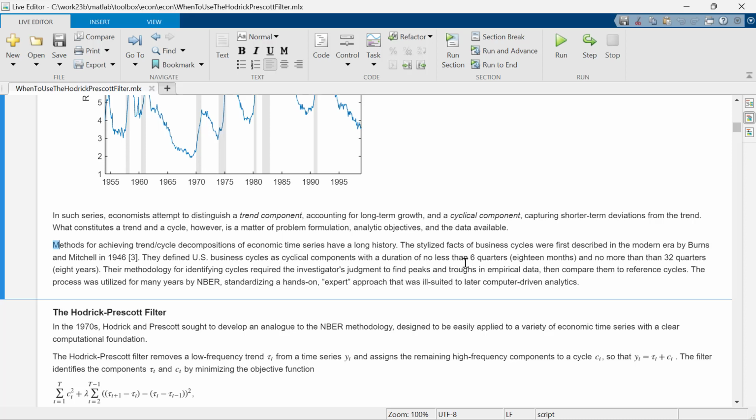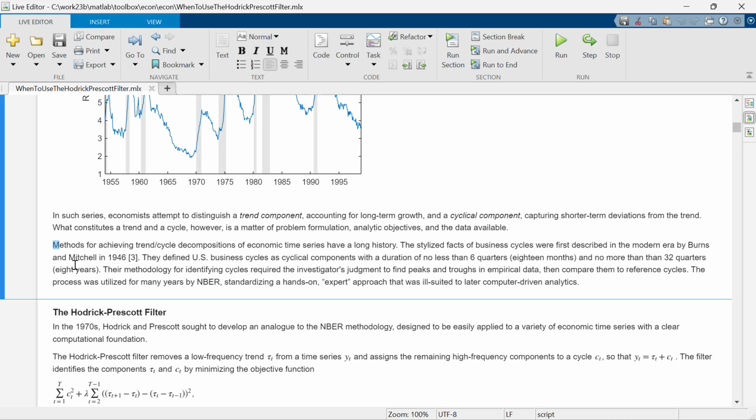They said it should be a cyclical component that is no less than 6 quarters or 18 months, so nothing shorter term or higher frequency than that, like seasonal effects, but no more than 32 quarters or 8 years. Anything longer than that would be something that would be probably better represented in the trend component than a cyclical component.